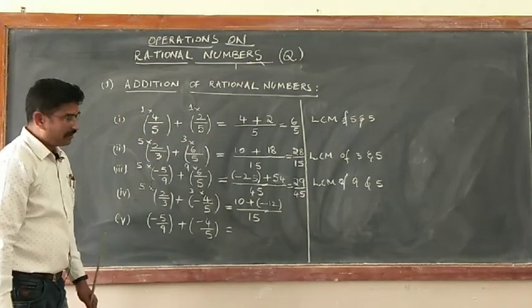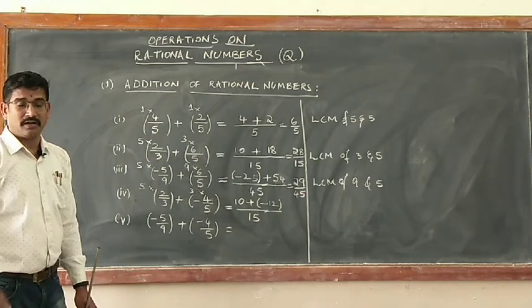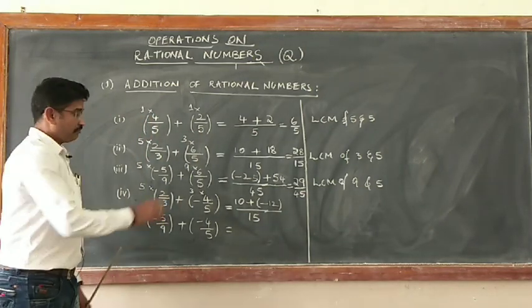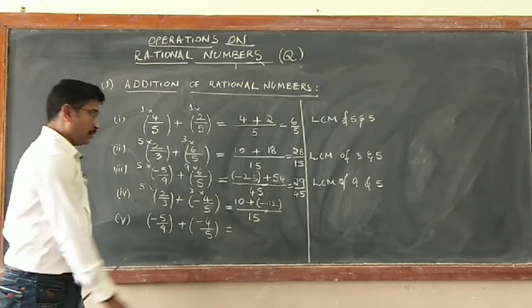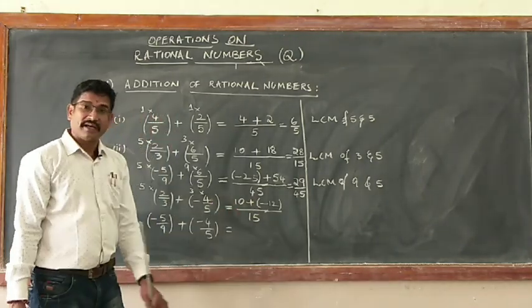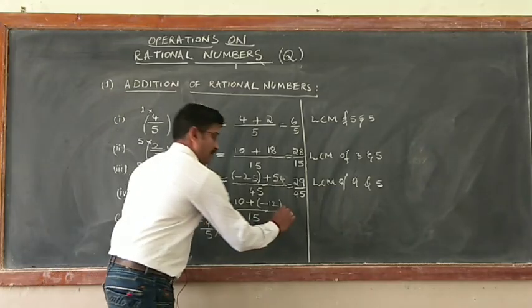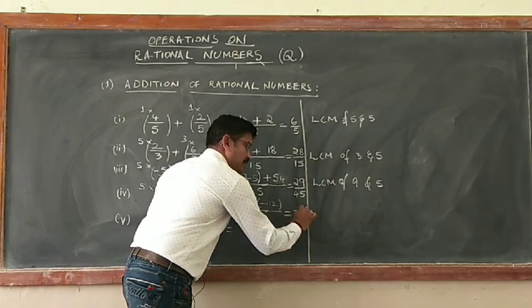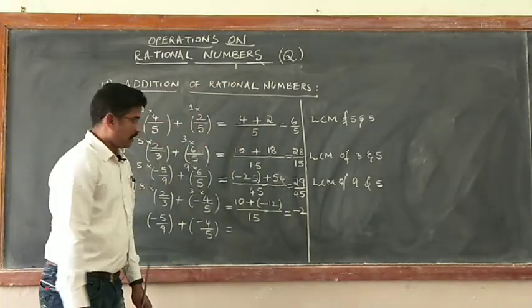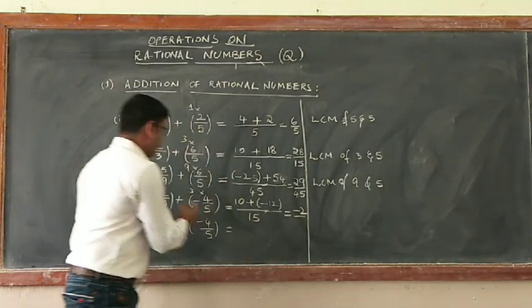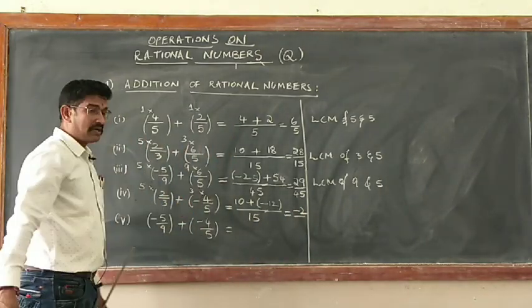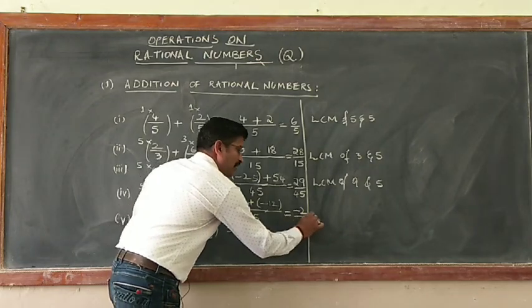Since it is a negative number, that negative integer I am putting within parenthesis. Now, the sum of 10 and minus 12 is minus 2, and the result of sum of these two rational numbers is minus 2 upon 15.